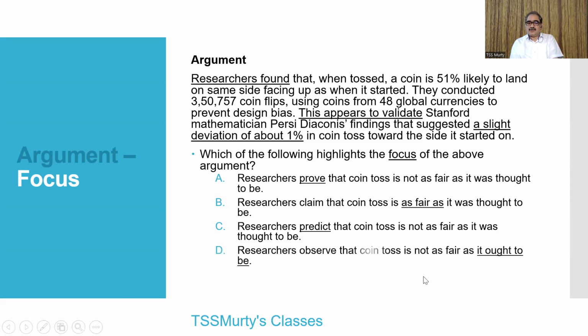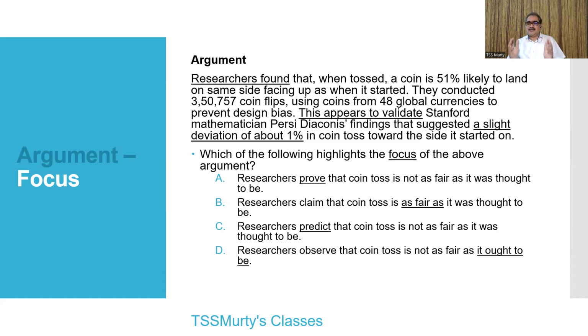Let's look at the last choice. Researchers observe that coin toss is not as fair as it ought to be. Is there any predefined thing that it should be like this? As far as the scope of the argument is concerned, nothing is mentioned. And hence, it ought to be, it should be like that, is a kind of moral obligation mostly. Grammatically, we use ought to with reference to a kind of moral obligation.